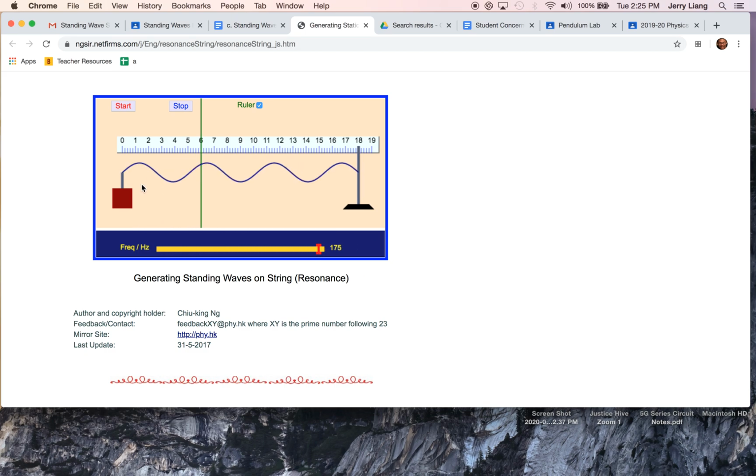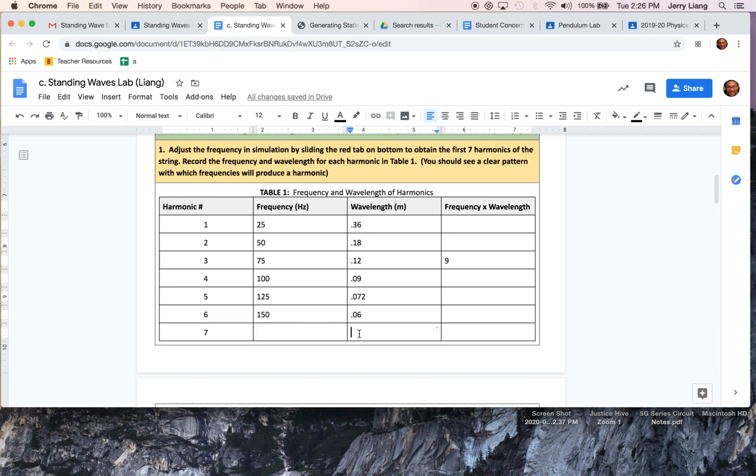Now we have 1, 2, 3, 4, 5, 6, 7 harmonics, so we see 7 antinodes. We're going to put the ruler right there, and it looks like it's about 5.2, so 0.052. This was at 175 hertz.